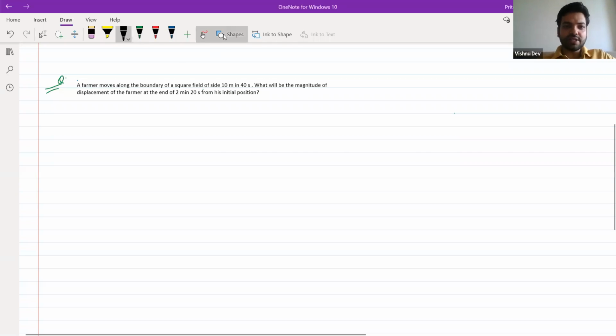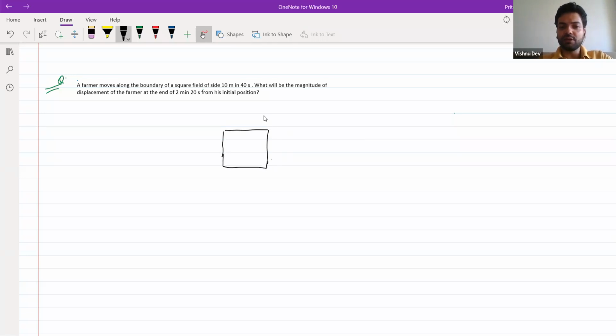So here the question says that a farmer moves along the boundary of a square field. So what we have is a square field, and the farmer is moving along the boundary. This square field has a side of 10 meters, and the farmer is able to move along the boundary in 40 seconds.